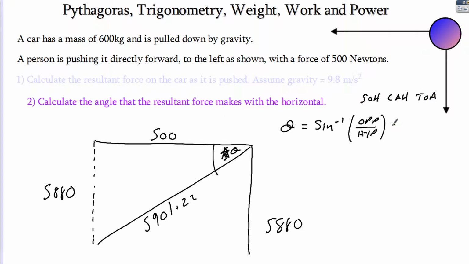So it's sine to the -1 of which side is opposite this angle. What's the value opposite? That's right, 5880, and the hypotenuse is 5901.22.